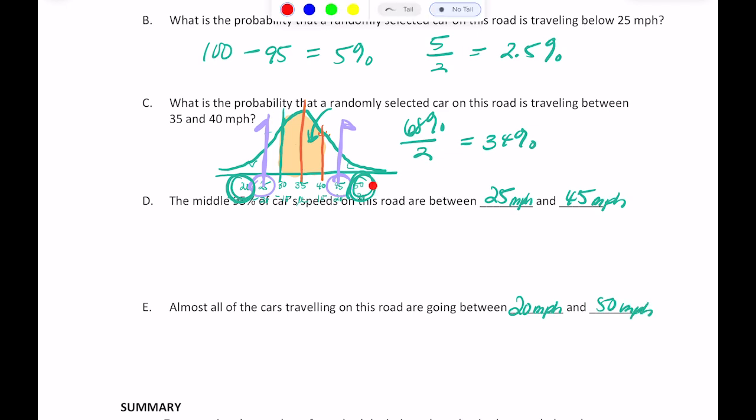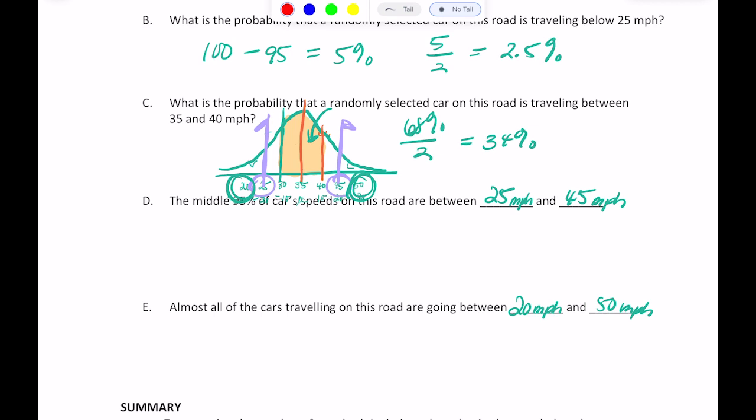Anything beyond those two values is extremely rare. In this book, we say anything above 2 standard deviations is rare. So the probability that someone is driving more than 45 miles per hour on that road would be rare. And the probability that someone is traveling less than 25 miles per hour would be rare. So if you think about it, anybody going above 50 or below 20 would be extremely rare.